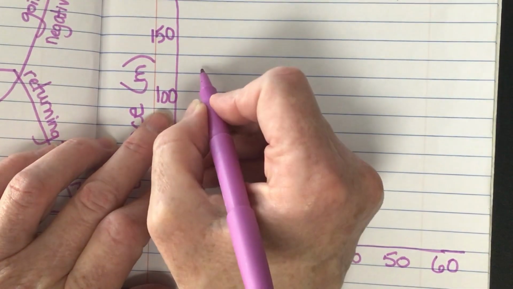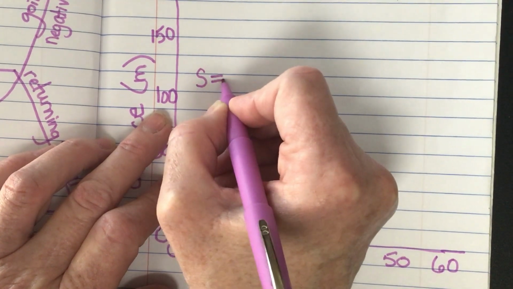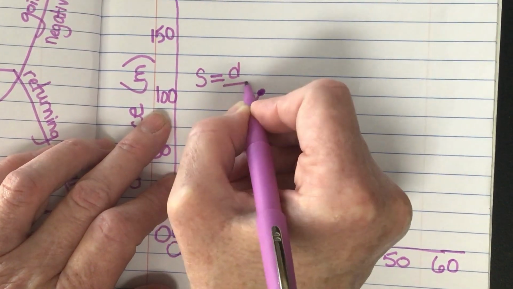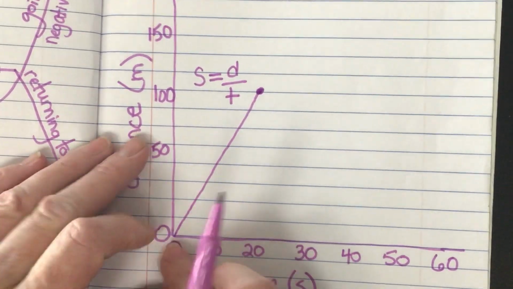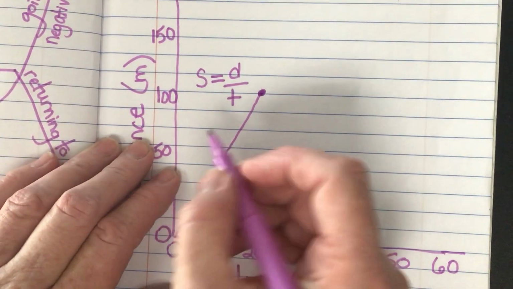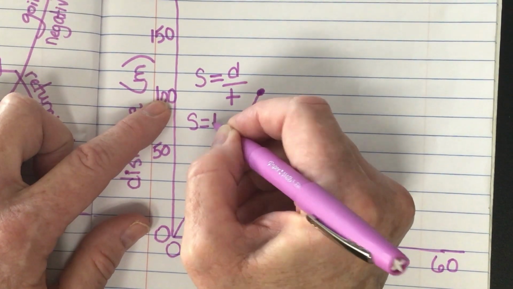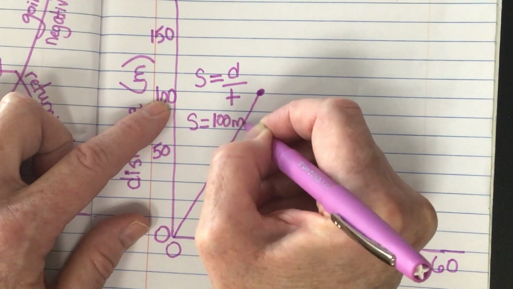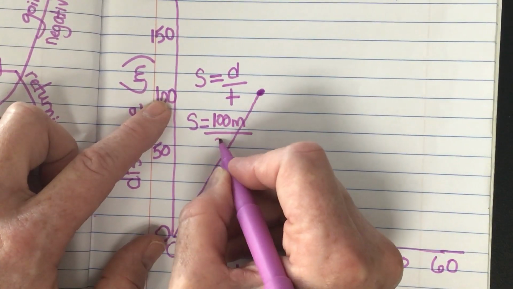Now, we're going to talk next class that speed is equal to distance over time. So if we look at this, the otter went 100 meters, right, over 20 seconds.